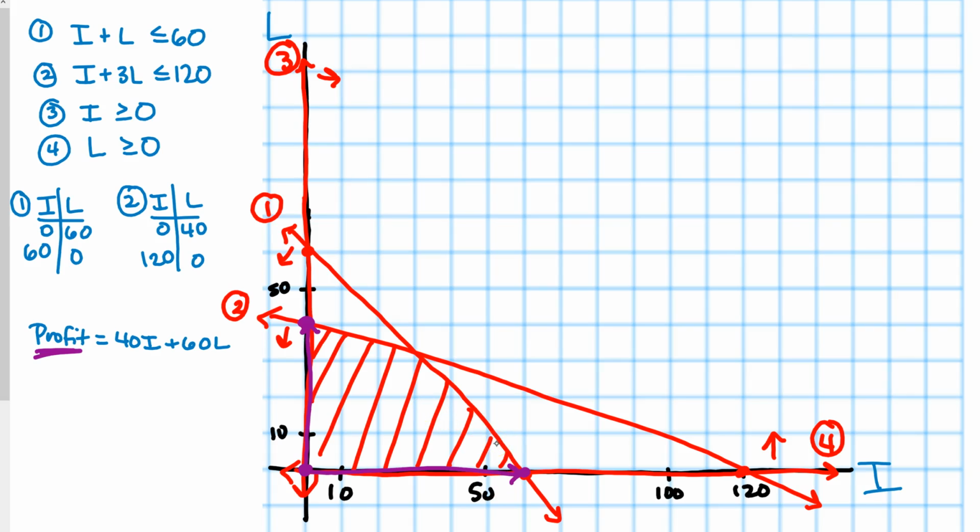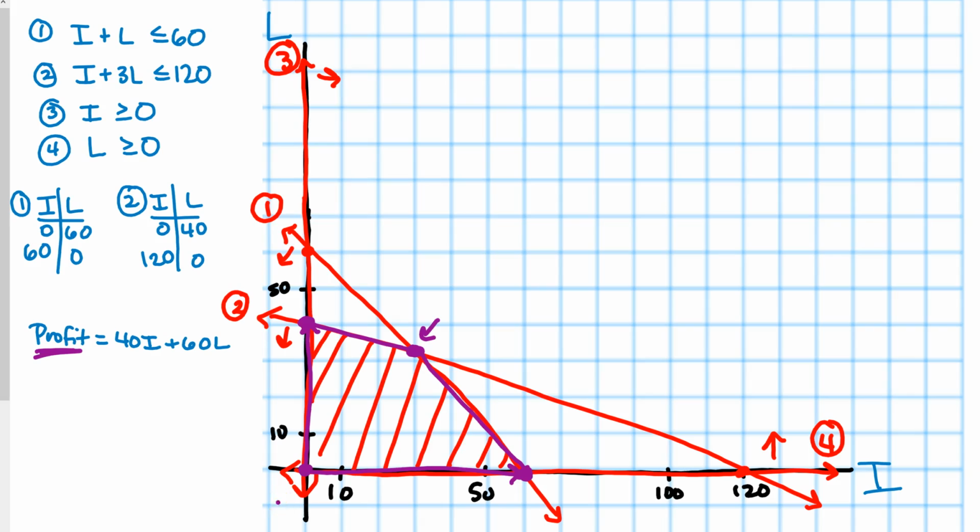And then if you were to test some points along the other boundaries, going from the point 0, 40 over to whatever this point is, the profits are changing in between. And then from the point 60, 0 and over to this point over here, the profits are changing as you go in between. So what we need to do is take each of those vertices and find the profit for it.